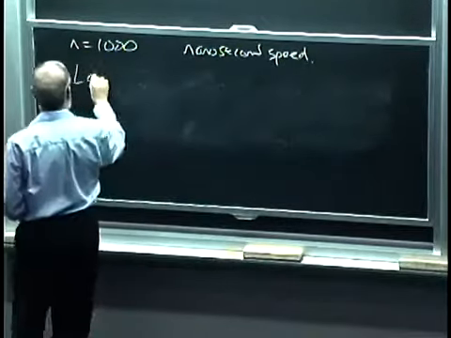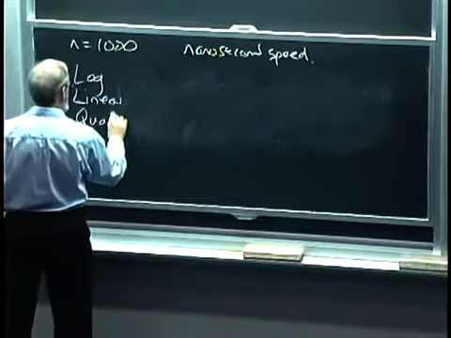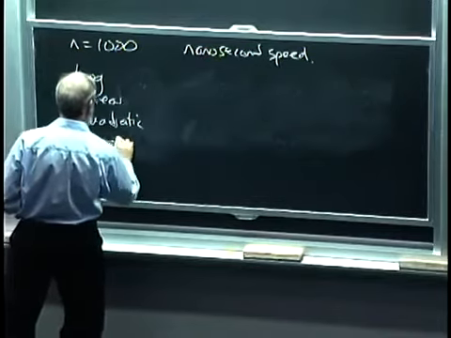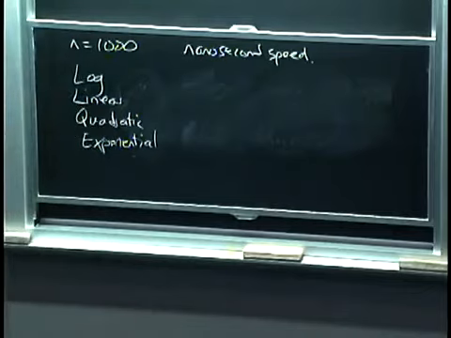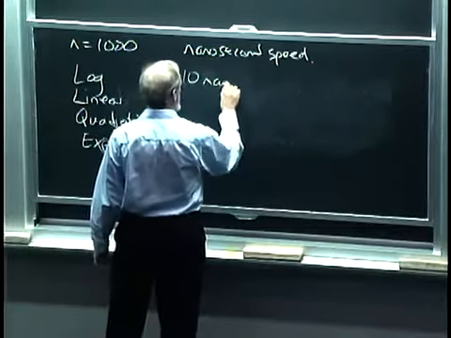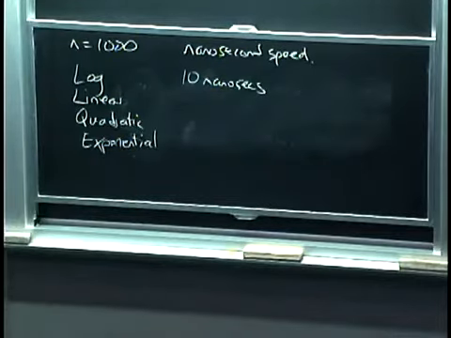We have seen log, linear, quadratic, and exponential. So, again, there could be constants in here, but just to give you a sense of this. If I'm running at nanosecond speed, and the size of the problem is 1,000, and I've got a log algorithm, it takes 10 nanoseconds to complete.